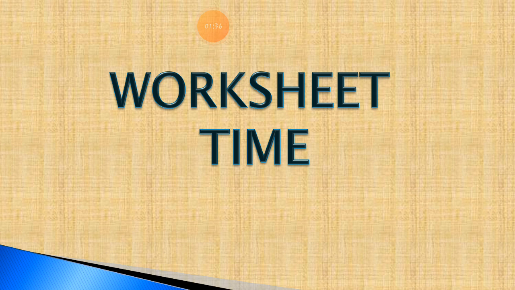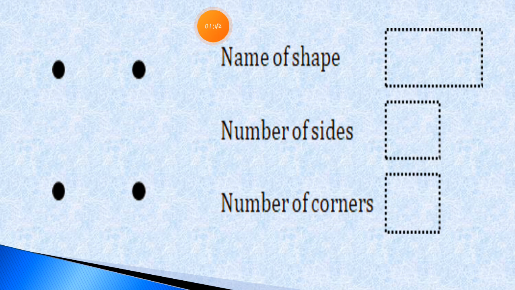It's worksheet time. Here is the new worksheet for you. You can see on the screen that there are 4 dots and 3 questions are also given. You have to join these 4 dots with each other. You have to use the scale to join these dots. I'll repeat my sentence.